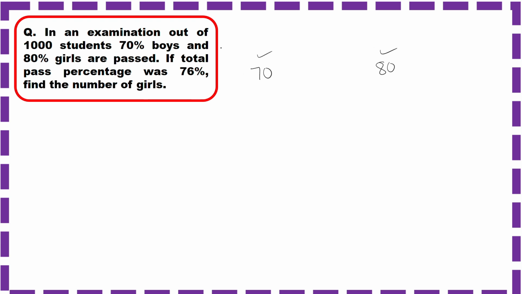So these are the boys and girls percentages, 70% and 80%. If the total pass percentage was 76%, so the average, the mean, is 76%. So subtract this, 4 and 6, so the ratio is 2:3.